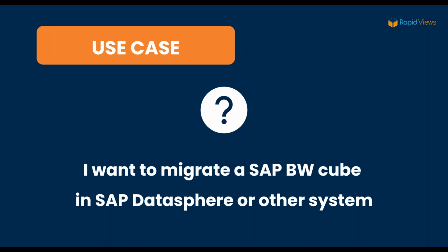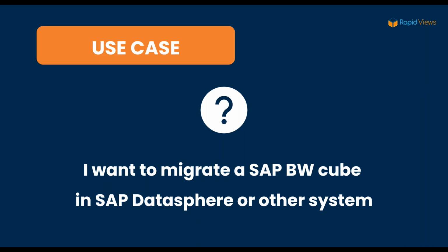Last use case: I want to migrate a SAP BW cube to SAP DataSphere or another system. Actually, the BI Smart Repository helps customers to centralize and master all the content available in their BI environment.